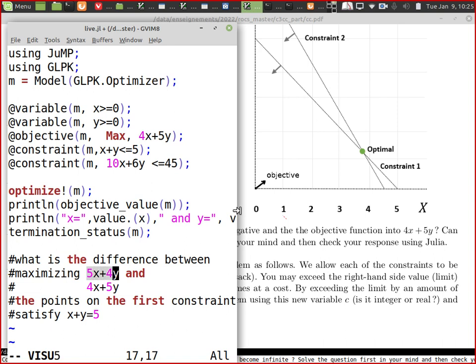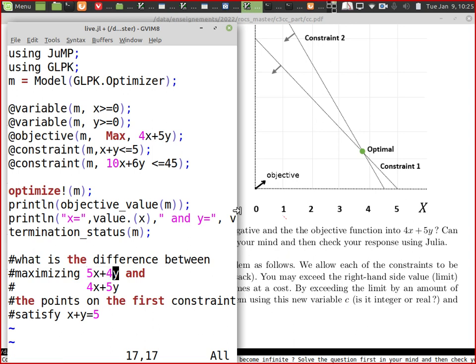If you maximize 5x plus 4y, basically you say x brings more profit than y. Imagine this was your profit from doing two actions, x and y. If you gain 5x plus 4y, you have the interest to do more x than y.